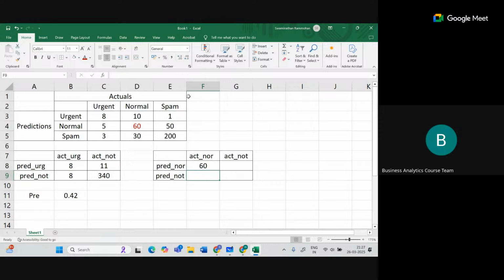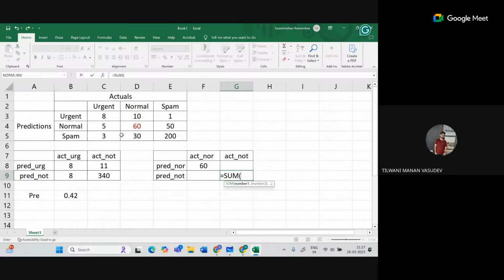What about predicted not normal and actual not normal? It will be the sum of what? Similar to the last case. It will be 8 plus 1 plus 3 plus 200.